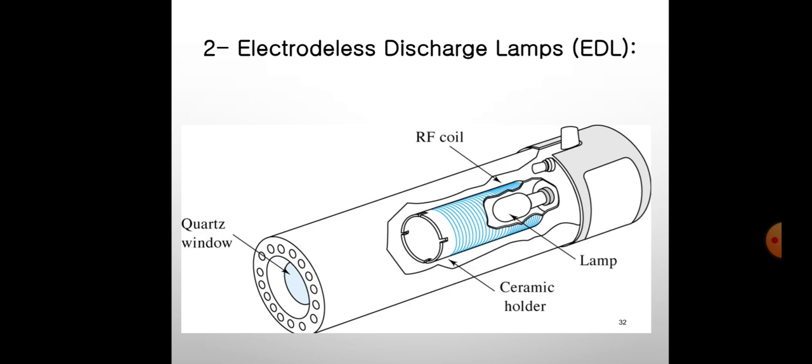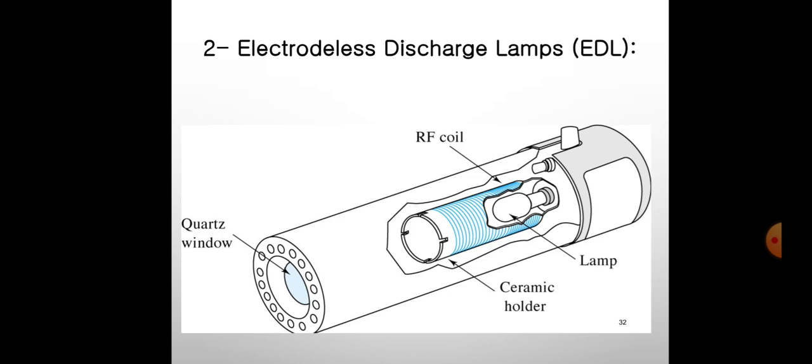But instead of a radio frequency coil, we can have a microwave coil also, and we can have microwave energy to light this lamp. So we have two different types of EDL lamps. One of them is the RF EDL, and the other type is the MW EDL, that's microwave EDL. Both can be used.